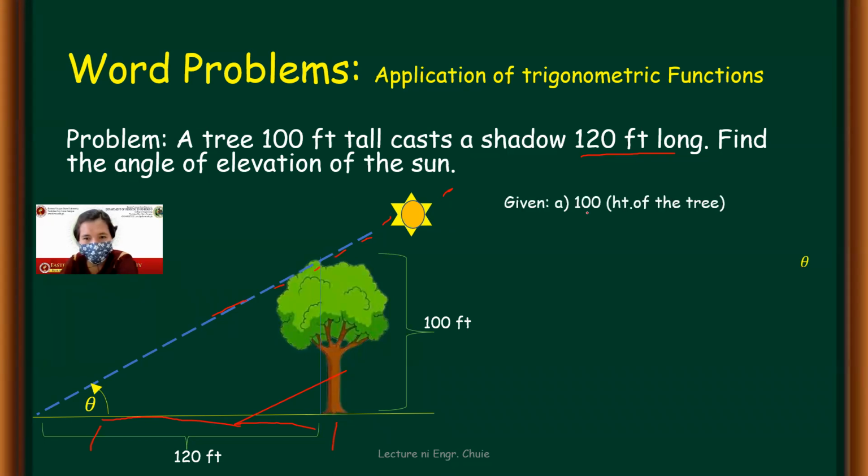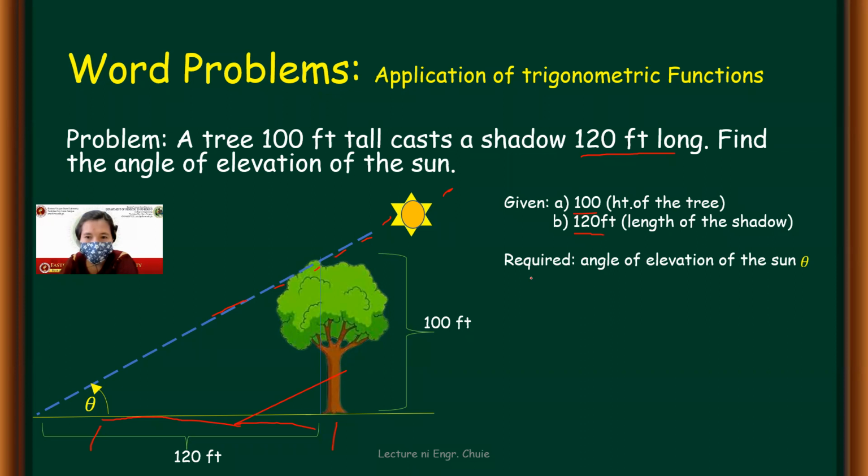So that natin given, which is 100 feet ang height ng tree and 120 ang length ng shadow. And required lang natin makuha is the angle of inclination from the ground to the sun, since we are going to find the angle of inclination of the sun. Okay?